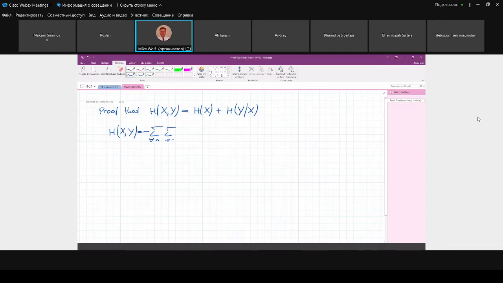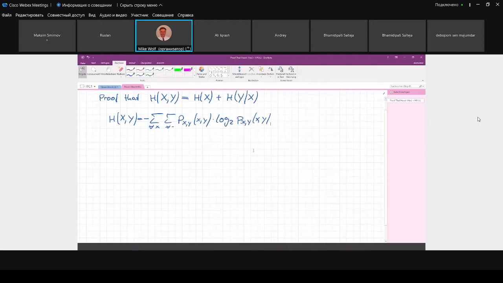Then we write p of x comma y, the concrete amplitudes x and y, and take the dual logarithm of p of x comma y. This is always a capital, I just take a look at the probability mass function of the joint random variable X and Y.